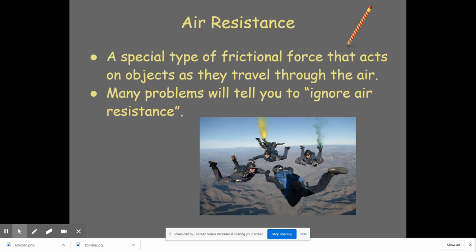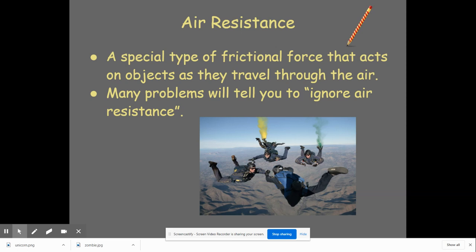There is a special type of frictional force that acts when an object goes through the air. So it is still friction because as you are, let's say these skydivers are falling through the air. Air is something that sometimes middle school kids still get confused about because sometimes they'll say, well, there's nothing there, it's invisible. Well, it's a gas, it is there.